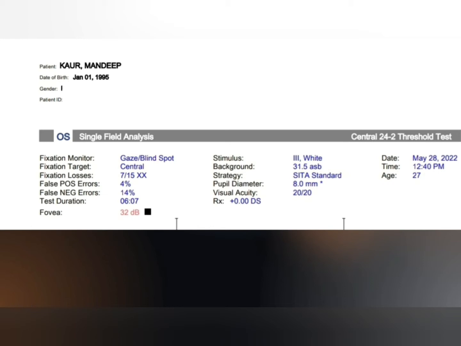And in SITA fast, the machine gives the patient only 1 chance. In the 3 chances that the machine gives the patient, in the first chance the light stimulus is dimmest, then in the second it is brighter, then in the third it is brightest. So depending on at what specific stimulus the patient responded, the sensitivity of the retina is determined.